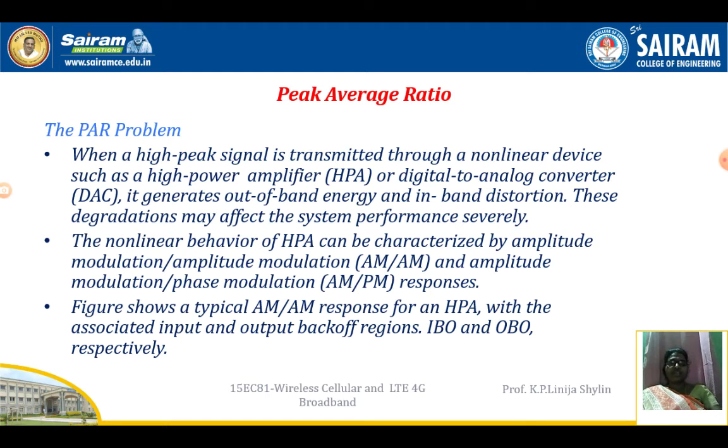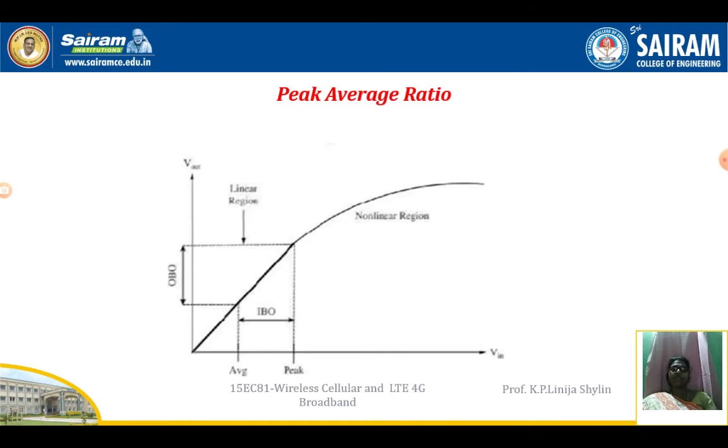Now we will see the diagram which shows the input and output back off regions. That is, the input back off region is represented by IBO, and the output back off region is represented by OBO respectively. Now you see here, on the x-axis we have represented the input voltage, V in, and on the y-axis the output voltage, V out.